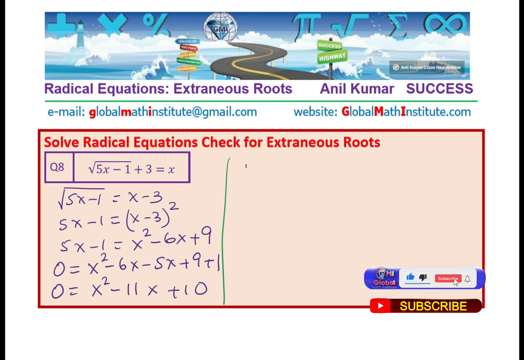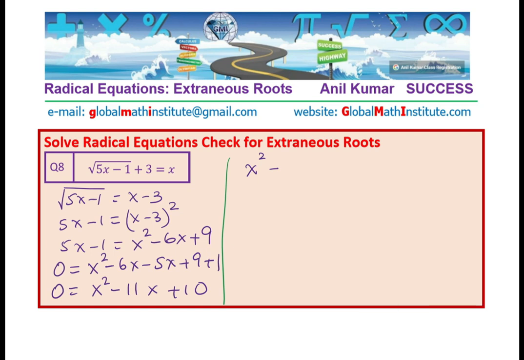So we get x squared minus 11x plus 10, so 10 times 1. So we could write directly here x minus 10 times x minus 1 equals to 0. That gives us x equals to 10 and x equals to 1 as two solutions.